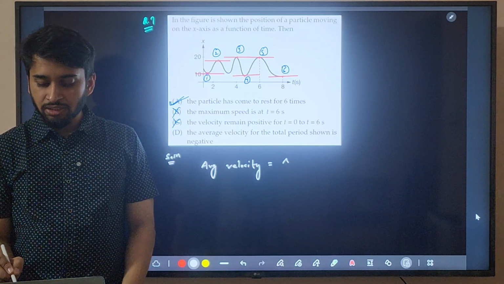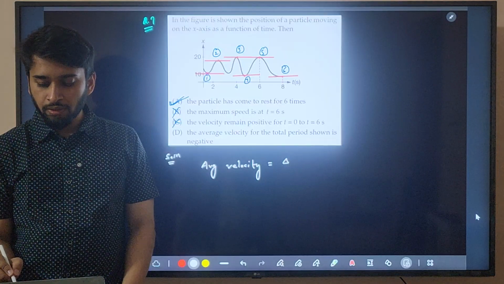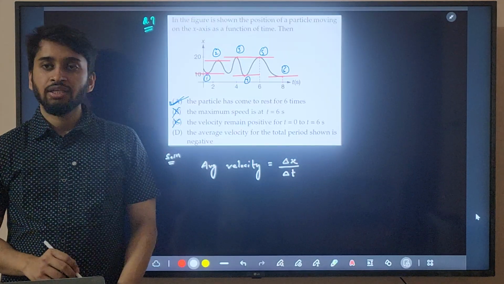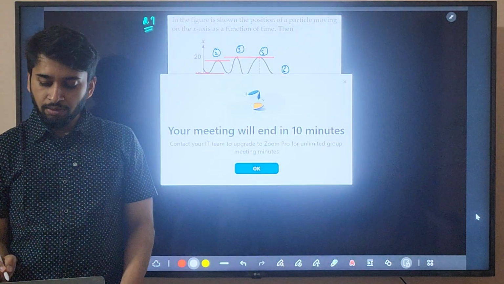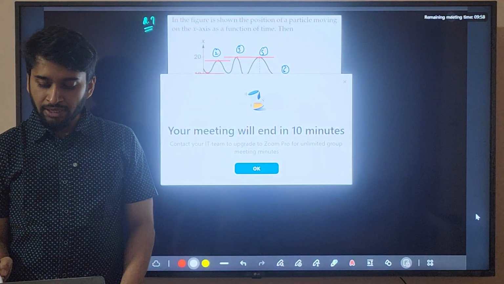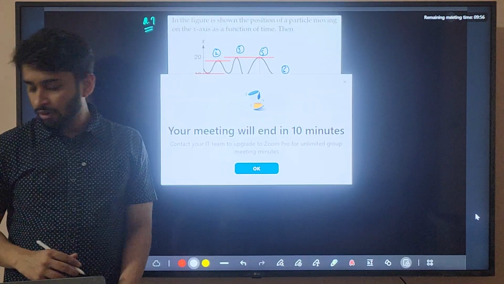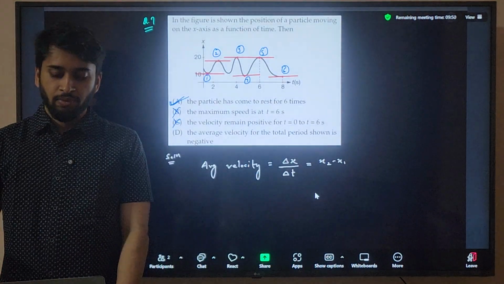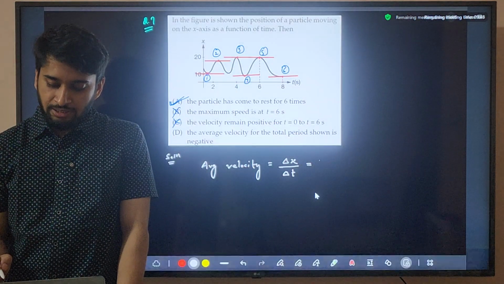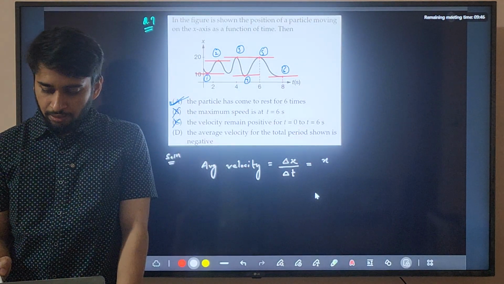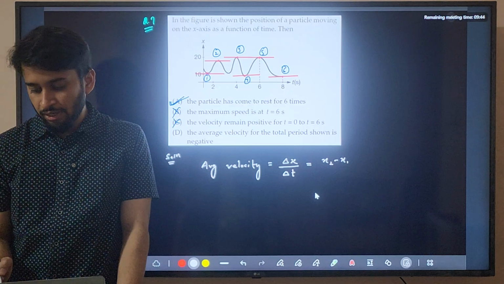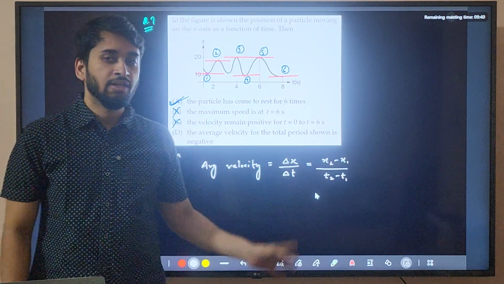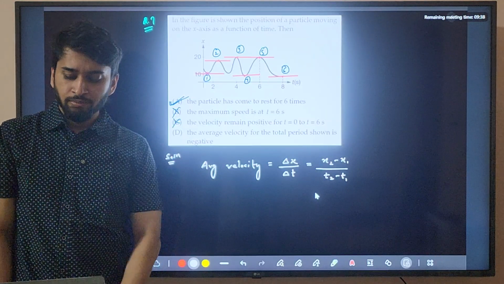Average velocity is change in position by change in time, which becomes x2 minus x1 by t2 minus t1. Okay, x2 minus x1 by t2 minus t1, right?